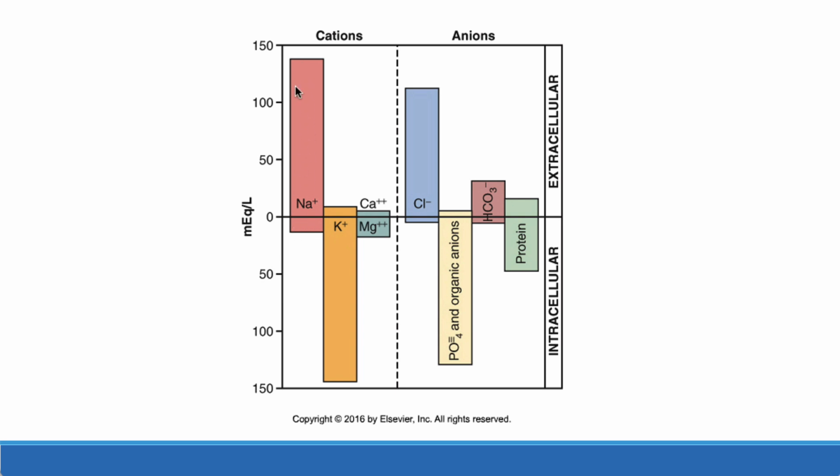That's the extracellular, but intracellularly it's very low. Extracellular in the bloodstream, the potassium level is very low. So this exchange through the sodium-potassium pump is what causes part of the action potential, right?